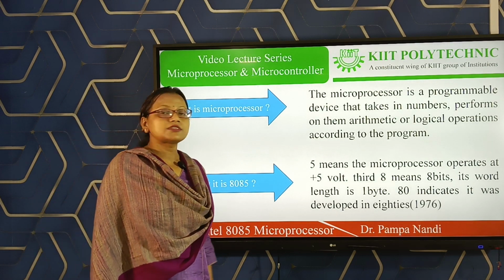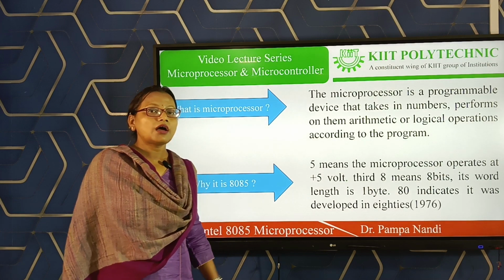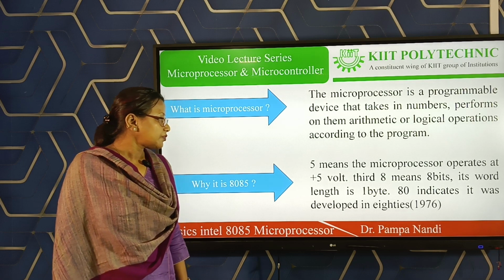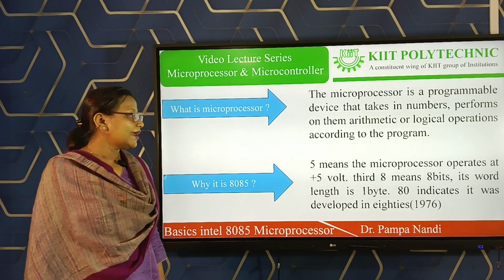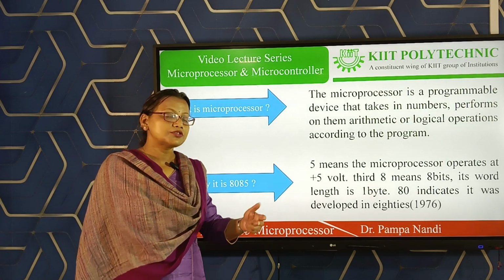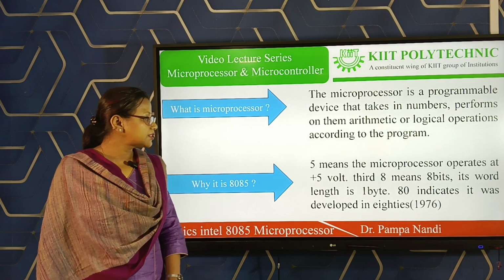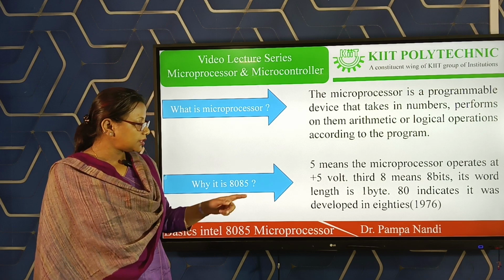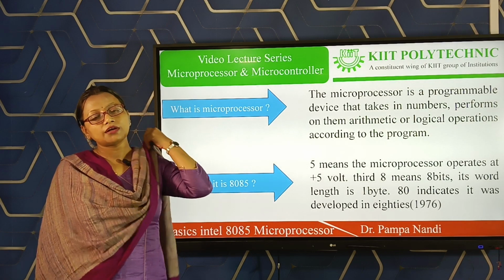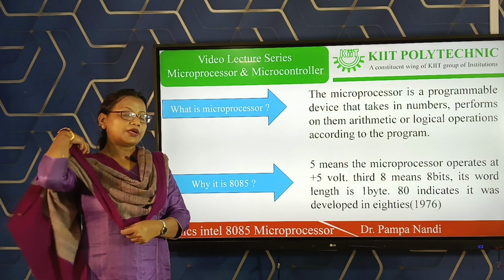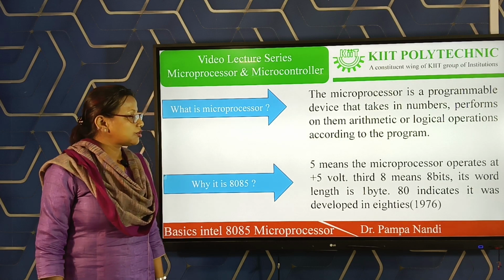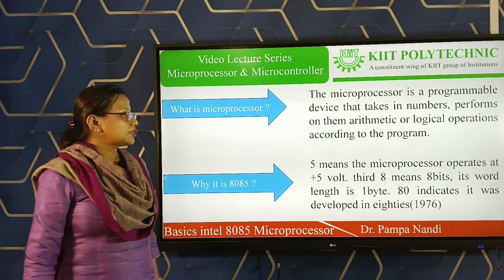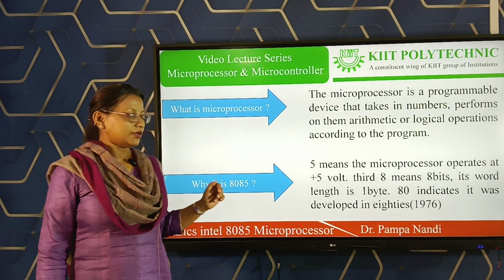Then 8 means it is an 8-bit processor. I will come to the meaning of 8-bit processor later. And then 80 means it was developed in the 80s, in particular in the year 1976, when the 8085 was developed and launched. As it comes in the 80s group, that's why it is the 8085.